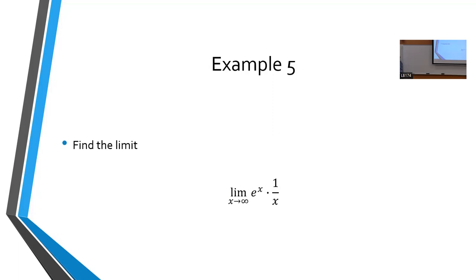We end up with infinity over infinity, or we rewrite it to make it infinity over infinity. We end up with 0 over 0, or we rewrite it to make it 0 over 0. And then we just apply L'Hopital's rule or common sense about which one grows faster.